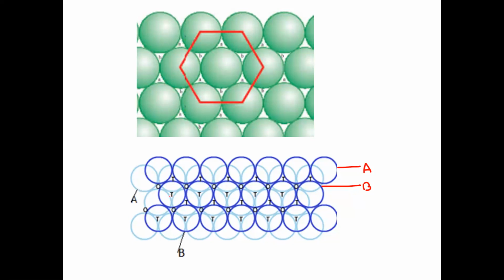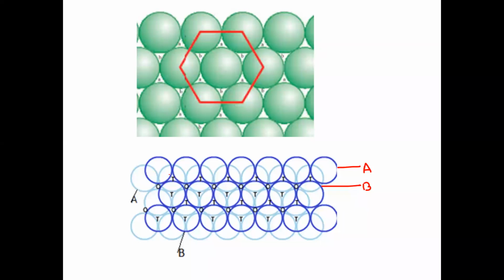So if you put the spheres over the tetrahedral holes, where you can clearly see another such sphere of the bottom layer A is visible, that means you will be replicating layer A. So the third layer will be exactly corresponding to the first layer if you use all the tetrahedral holes.